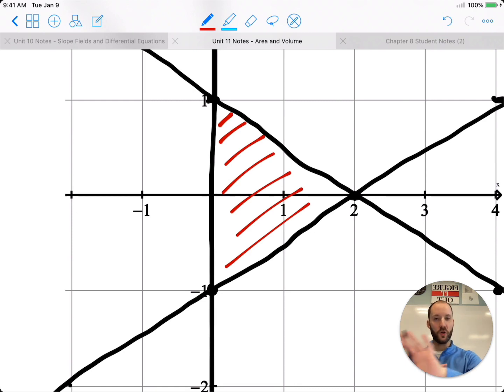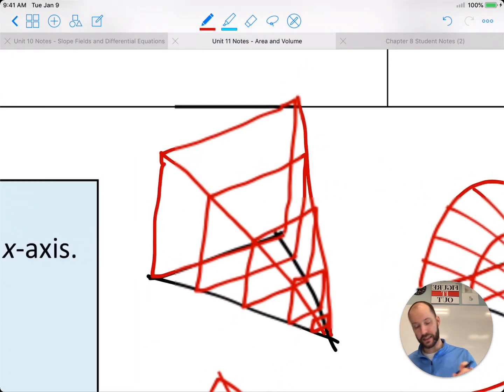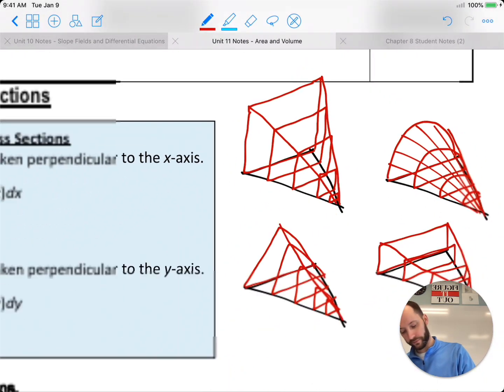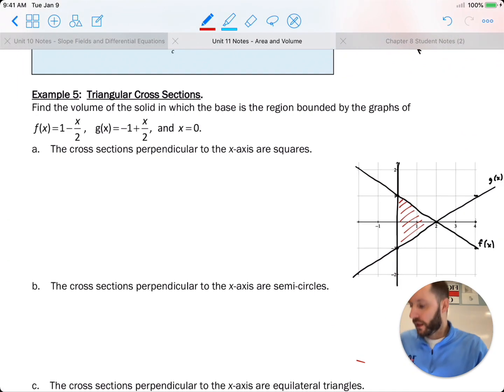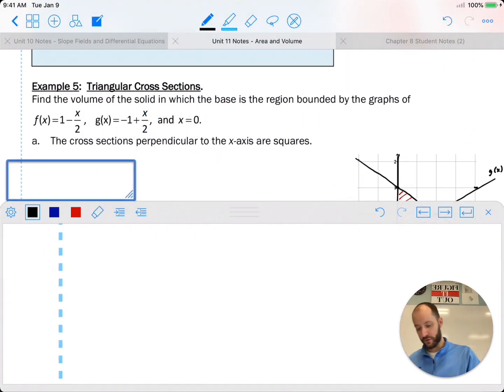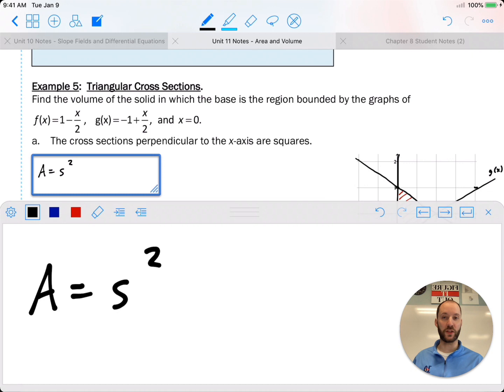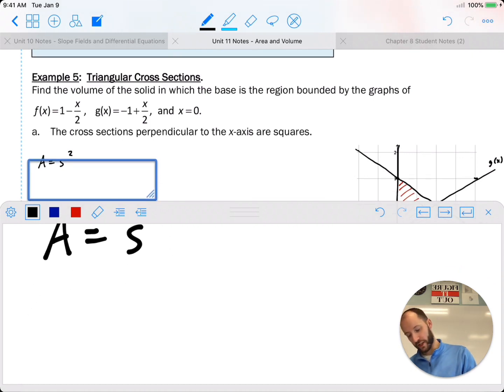But then as you go to the right towards x equals 2, the bases get smaller and the height of the squares gets smaller. So you got to know the area of a square. Of course, area of a square is side times side, or side squared. So we got to find our side.